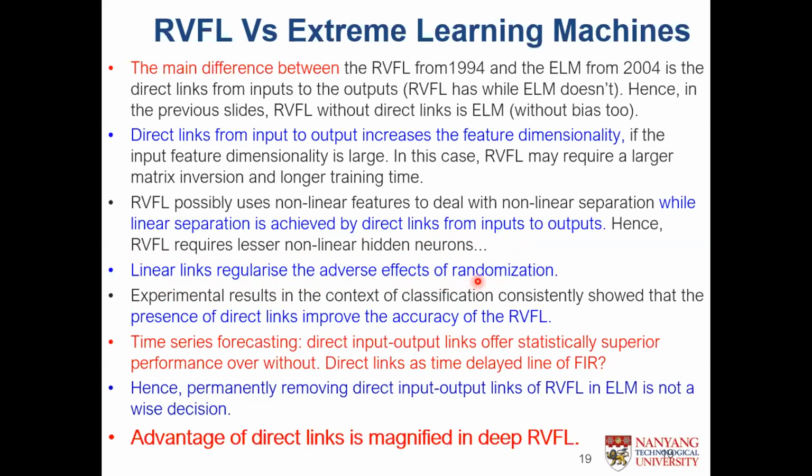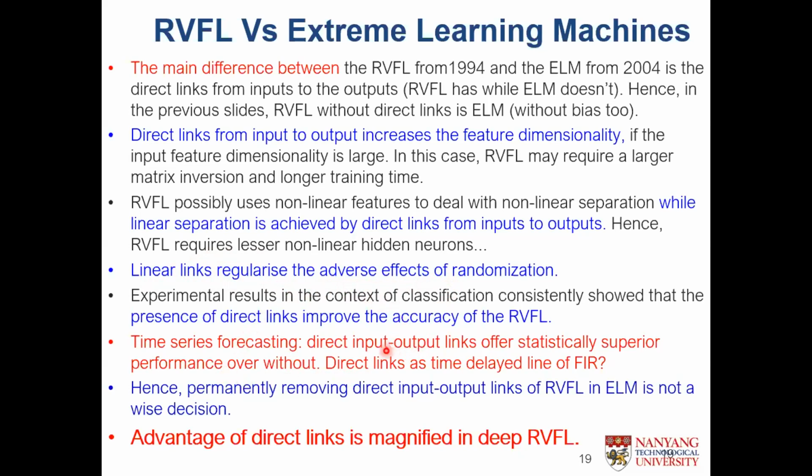So if you have 5, 10 hidden layers and all hidden layers are completely randomized, at the end of the 10th layer, for example, your features are going to be excessively randomized and may not be good. So the direct links can regularize the effect of randomization.